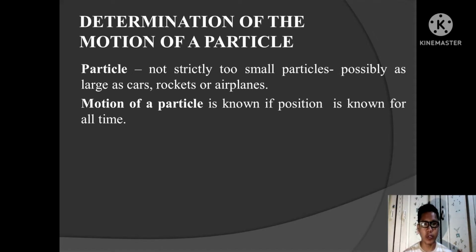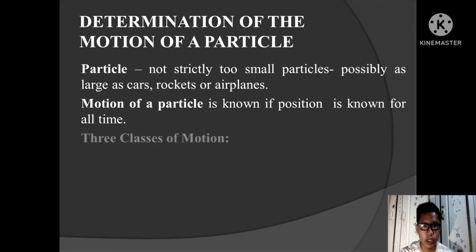So that's the motion of a particle. It describes the motion or the movement of particles, specifically defined by how the position of our particles is involved in this situation.